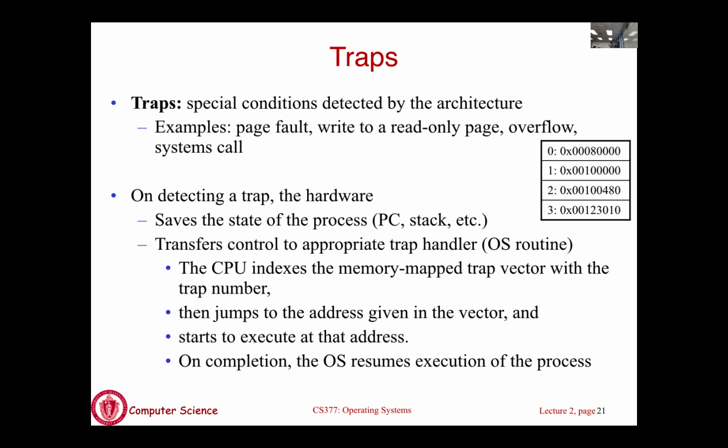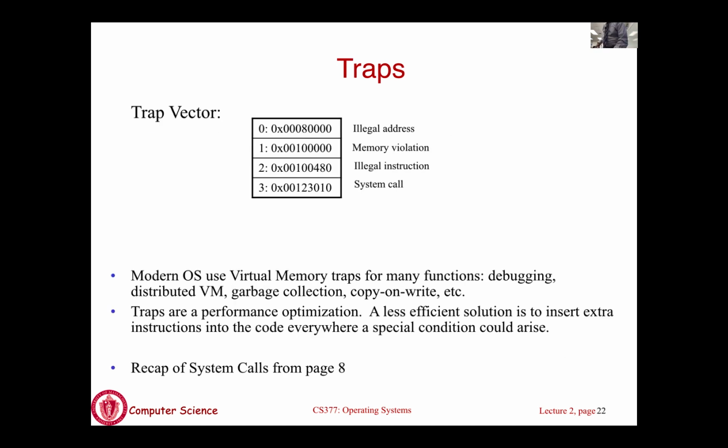At the end, when you are done with the trap, you are going to switch back to the process that triggered the trap. The same set of instructions is going to be true for system calls, because system calls are implemented as just another trap as far as this mechanism is concerned. As I said, there are many kinds of traps. We'll get back to the traps later on.